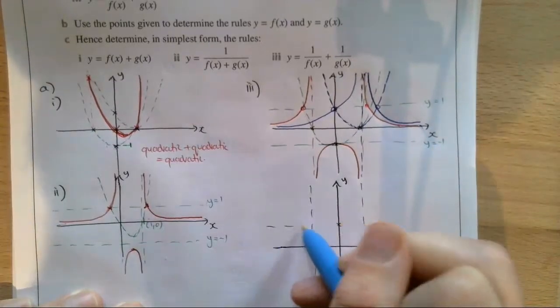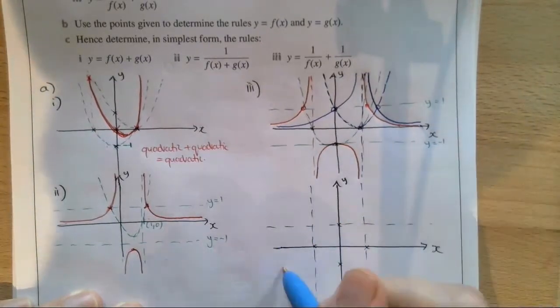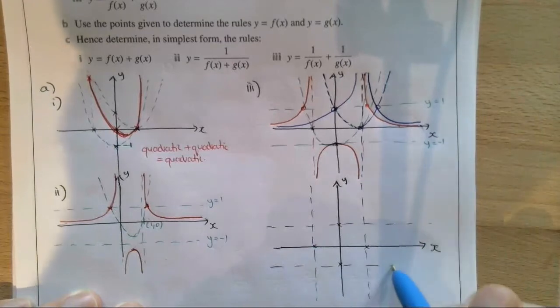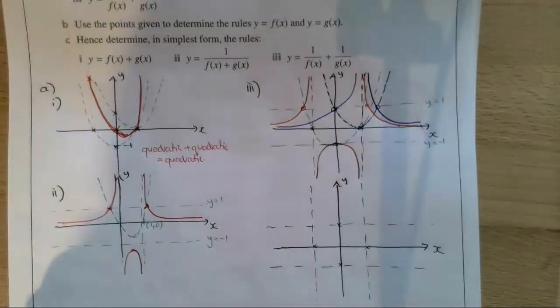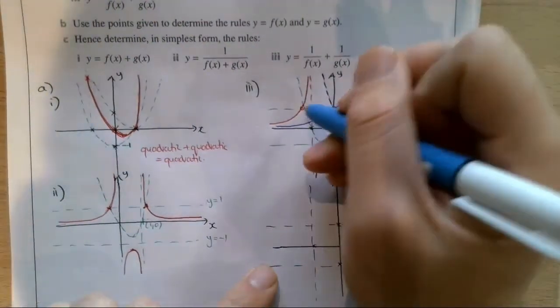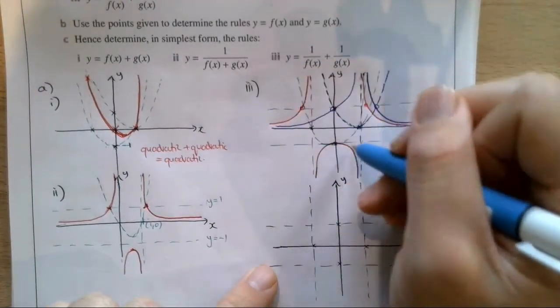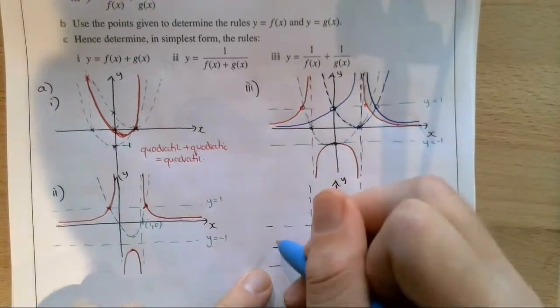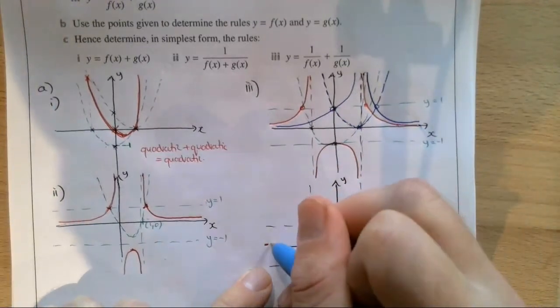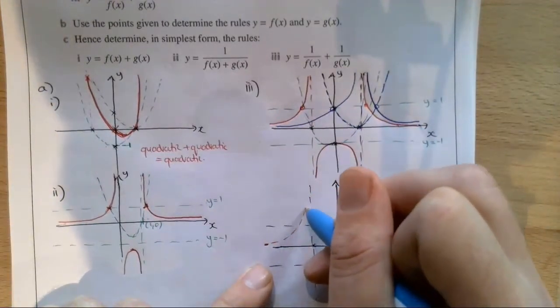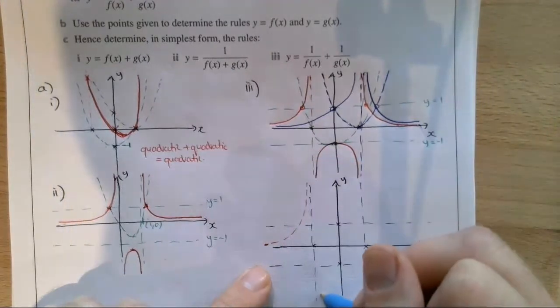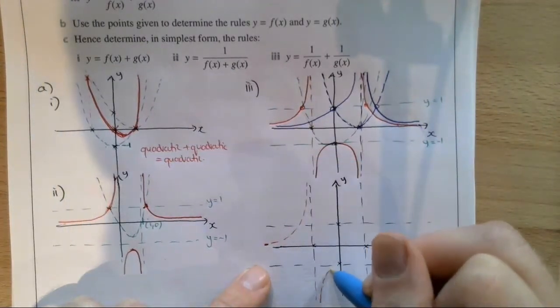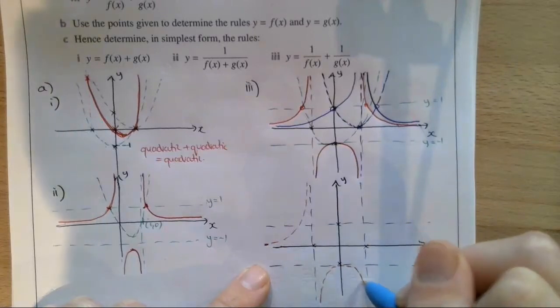To get this right, I'm also going to put these lines on. And then I'm going to transfer the curves I've drawn as a full line to a dotted line. These are the ones that I'm going to add using the addition of ordinates property.